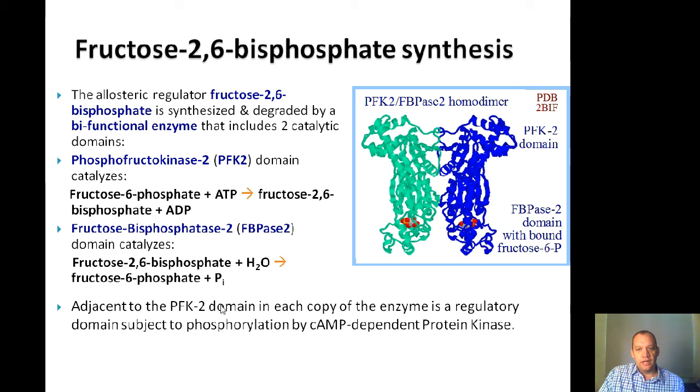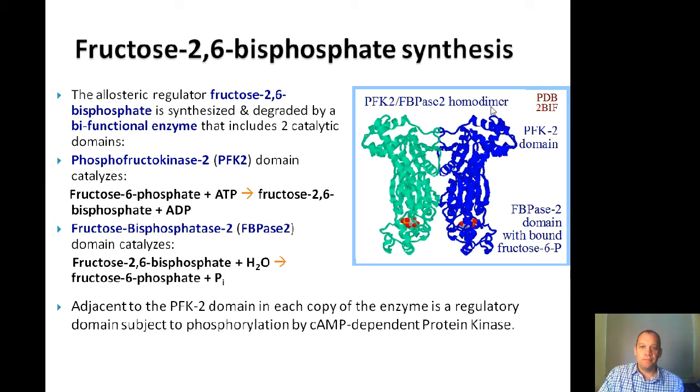So how does this dimer decide whether it is going to enact the kinase reaction or the phosphatase reaction, or is this also just a futile cycle of reactions? Well, what actually happens is that adjacent to the PFK2 domain, in each copy of the enzyme, there is a regulatory site which is subject to phosphorylation by protein kinase A, the cAMP-dependent kinase, which gets switched on when glucagon is released.